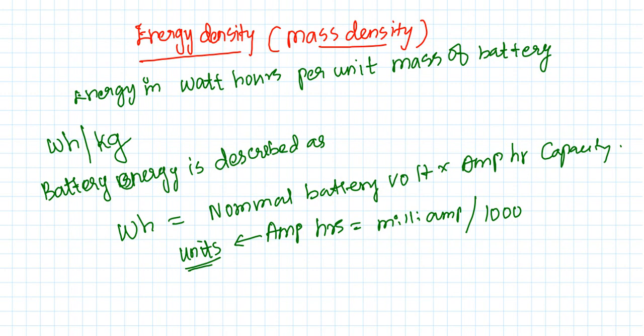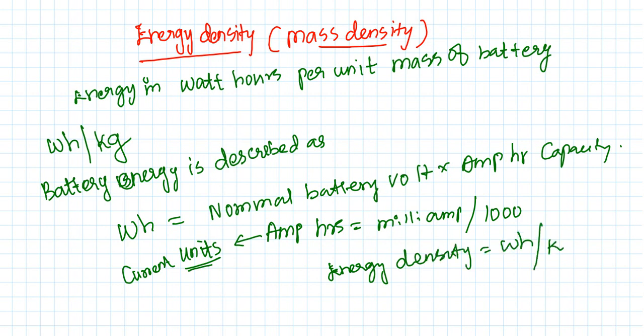The current units can be converted from milliamps by dividing by 1000. So for calculating the energy density, energy density is equal to watt hour divided by kilogram.